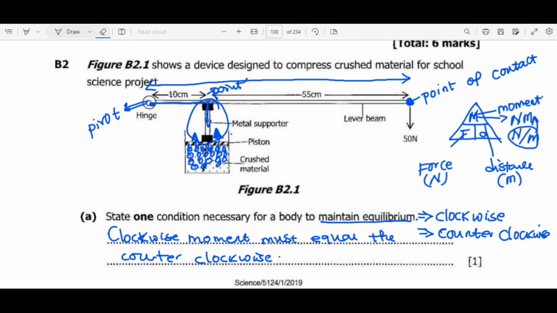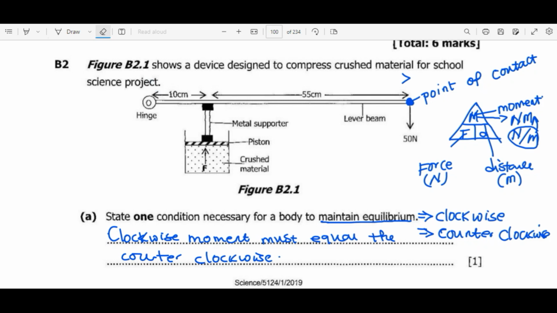So for us to prove, we have the force produced by the material that we are trying to crush. So this force is going upward and is 325 newtons. So let's find moment 1 separately.